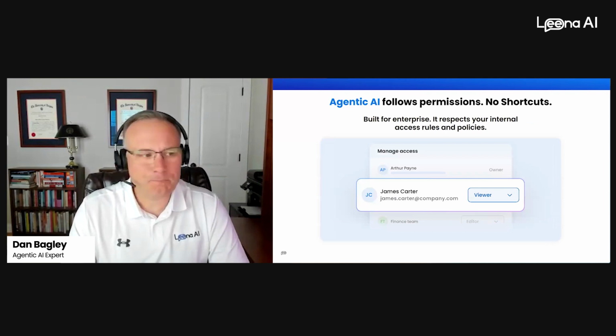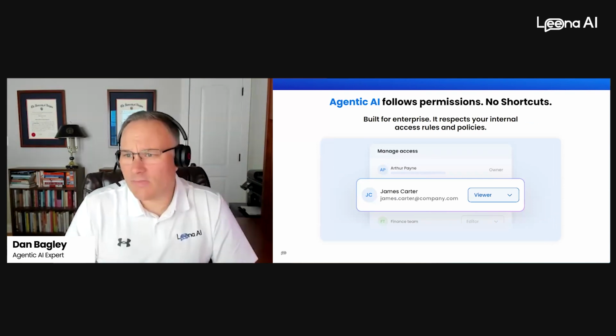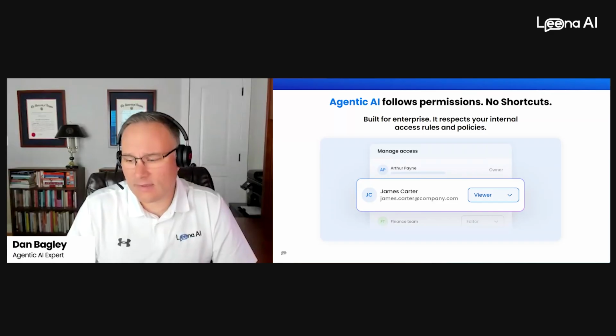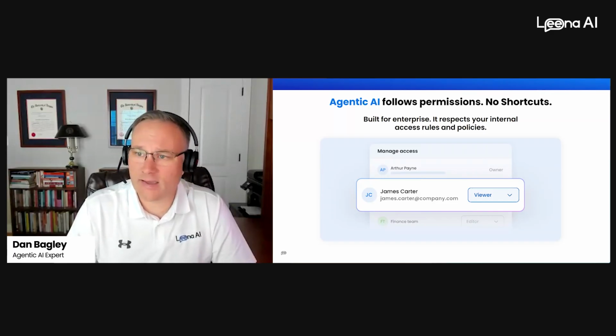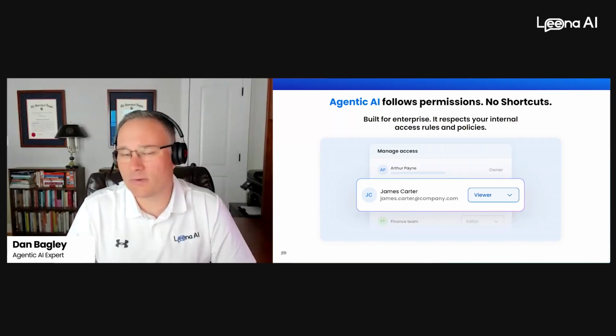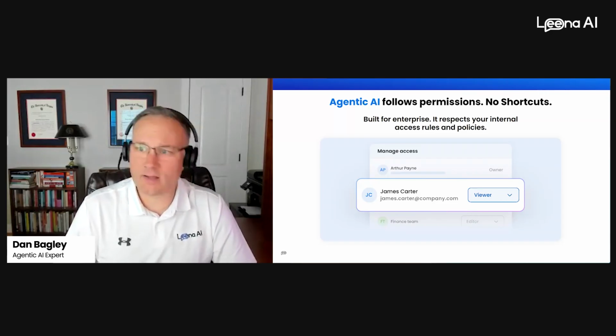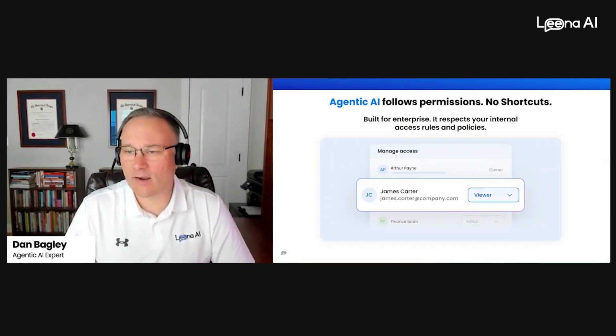Now, the other side of the coin beyond hallucinations is permission. I think as soon as you connect an agentic AI system to multiple different endpoints, the permission model matters. Me going out to an HRIS system, I have one set of permissions in that system, and the CHRO might have another set of permissions in that HRIS system.